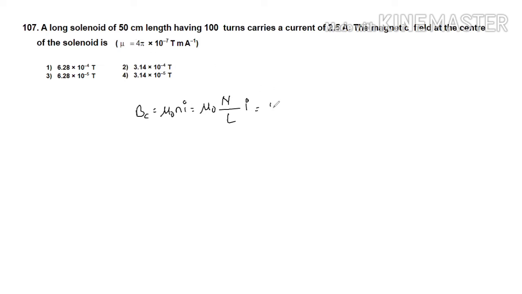So mu naught value it is 4 pi into 10 raised to minus 7. 100 number of turns are there. And the length is 50 into 10 raised to minus 2, into current it is 2.5 ampere. So if you simplify this, you will get it as 6.28 into 10 raised to minus 4, option 1. Okay, so we will go to the next question.